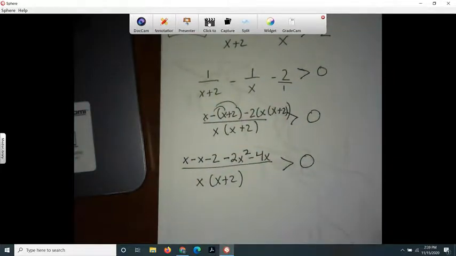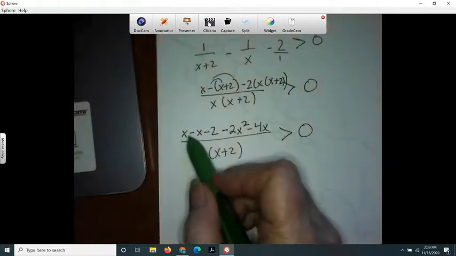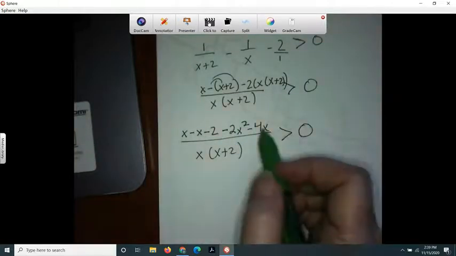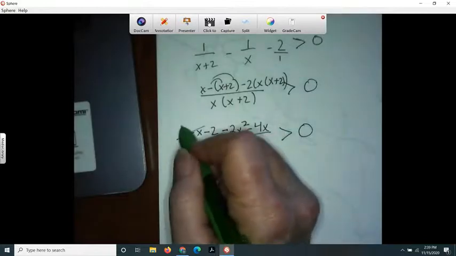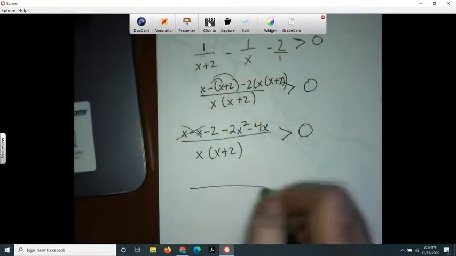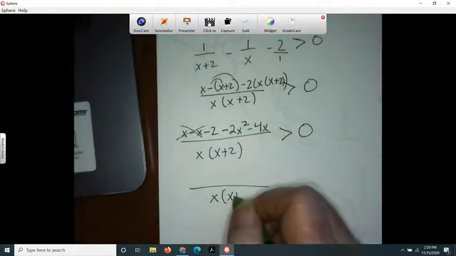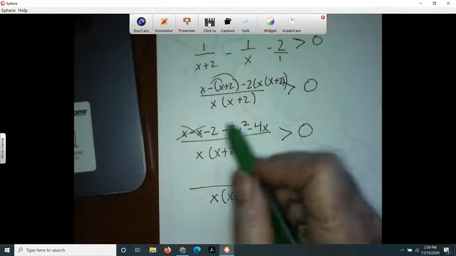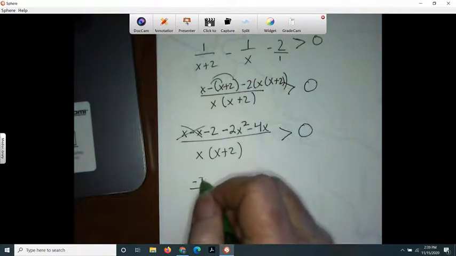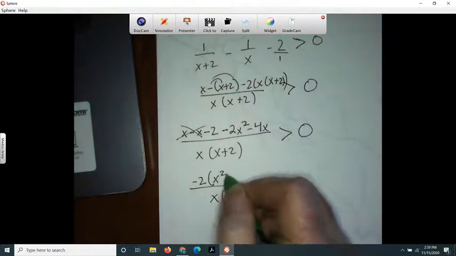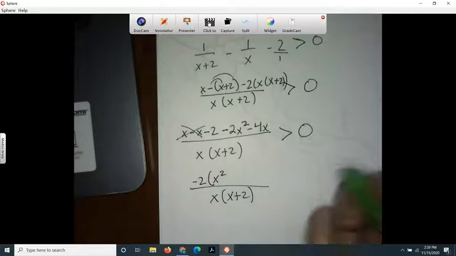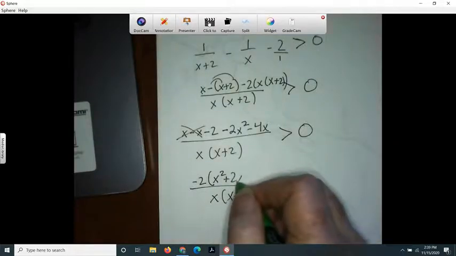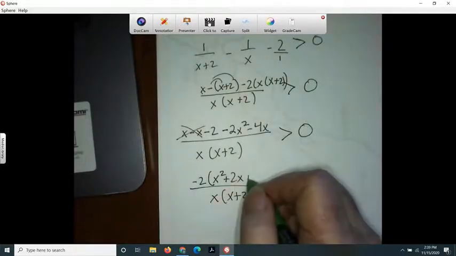Hopefully I didn't make any mistakes yet. And then I've got x minus x is nothing. Okay, so let's factor out a negative 2 here. And I got x squared plus 2x plus 1, I think.